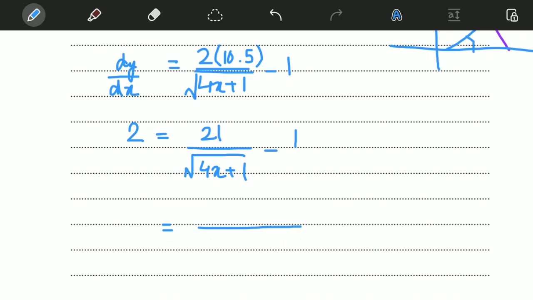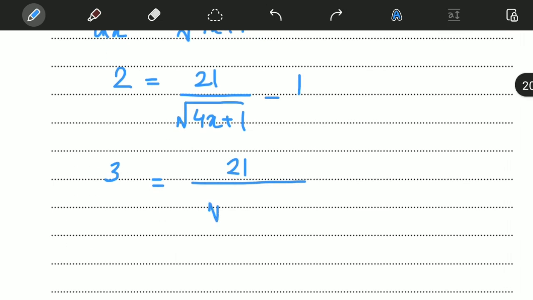So solving it for x now, this one on the other side will give 2 plus 1, 3, equals 21 over square root of 4x plus 1. So this will give you square root of 4x plus 1 equals 7.